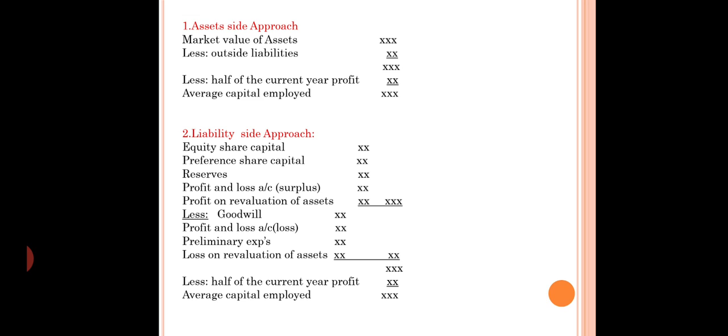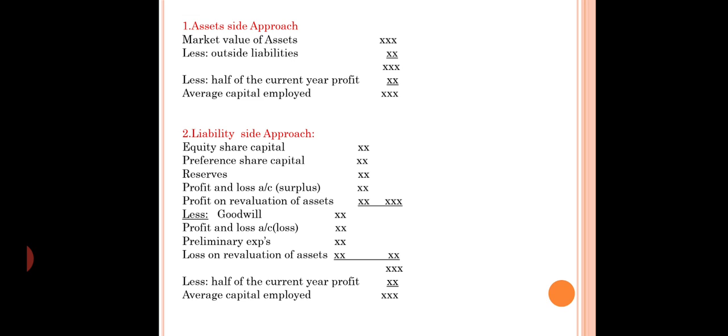For the market value of assets, all the assets should be considered except the fictitious assets. Then outside liabilities means debentures, creditors, bills payable, bank overdraft, then provision for taxation. If any non-trading investment is there, it should not be considered. In the absence of the realized value, you should consider the book value of the assets.